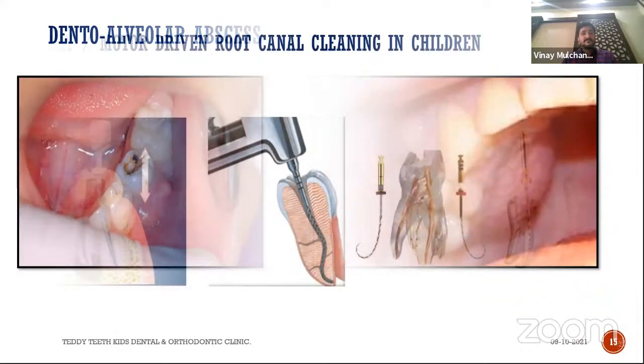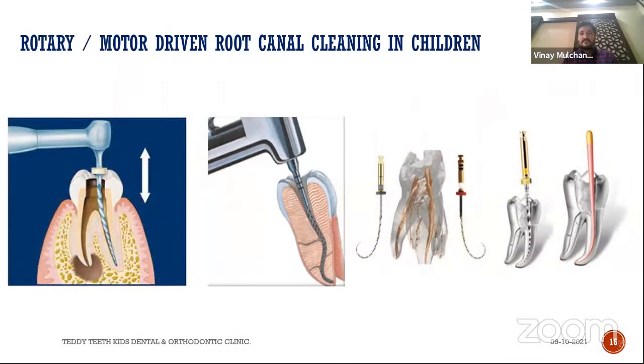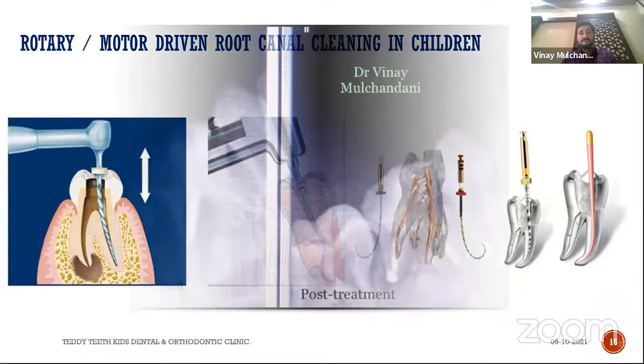But now, as we discussed, motor-driven instruments reach the right depth of the tooth, and we have more efficient cleaning of the infection. We eradicate the complete bacterial environment and disinfect the tooth. So the success rate and the prognosis of the tooth in such a condition has increased vastly because of these instruments.